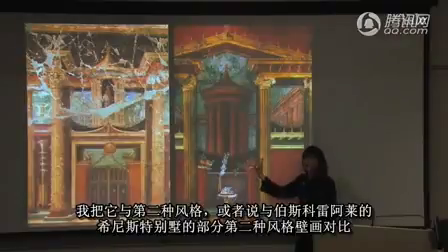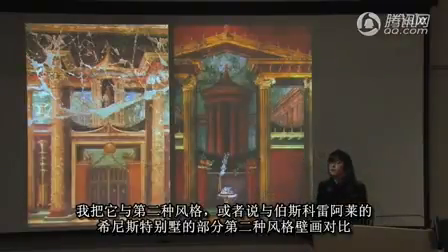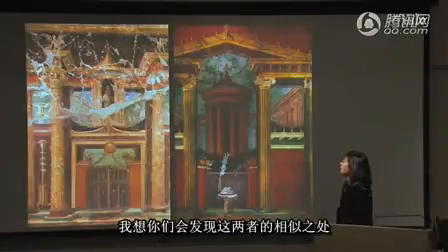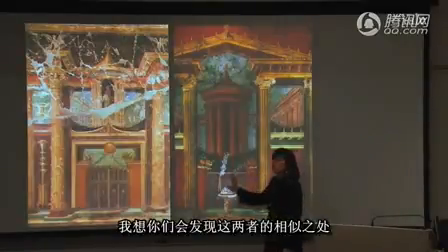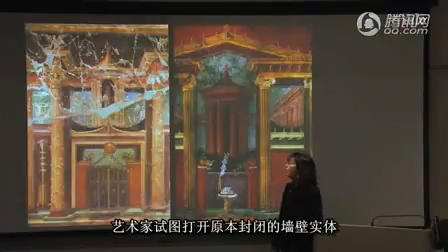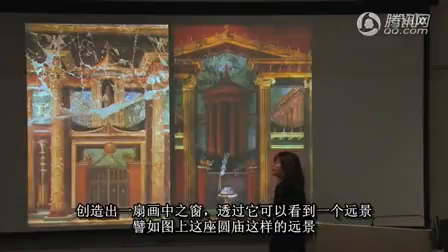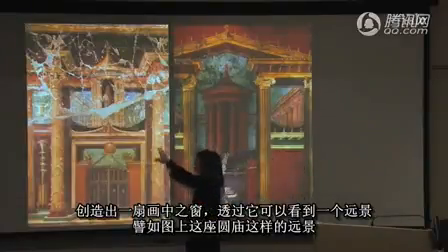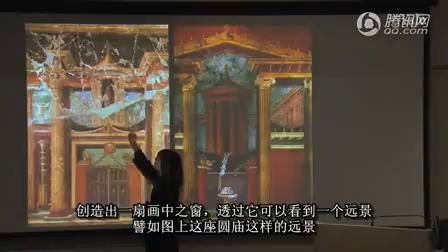I compare it to a part of the second style wall of P. Fannius Sinistor at Boscoreale, and I think you can see the resemblance between the two. The objectives are the same. The artist is trying to open up the wall to create a picture window through which you can see a vista that includes a round shrine, just as we saw here.